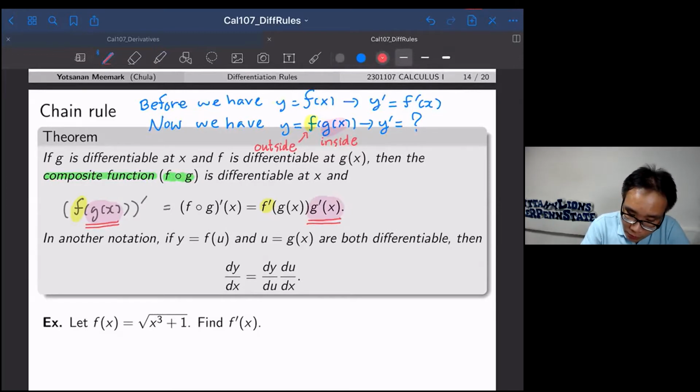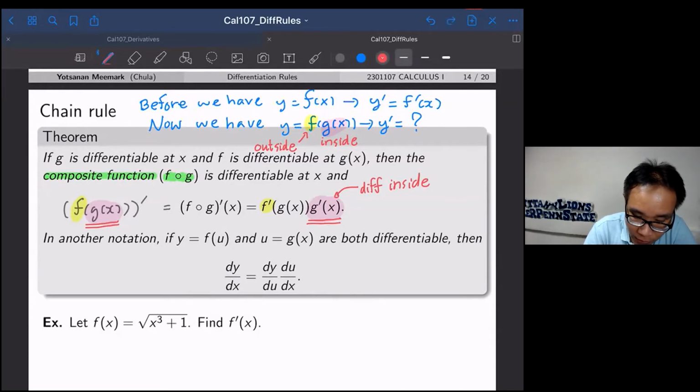And normally, we're going to say that this guy is deep inside. So this one is the chain rule. In another notation, if you have y equal to f of u and u equal to g of x, both differentiable, then you're going to have dy/dx.